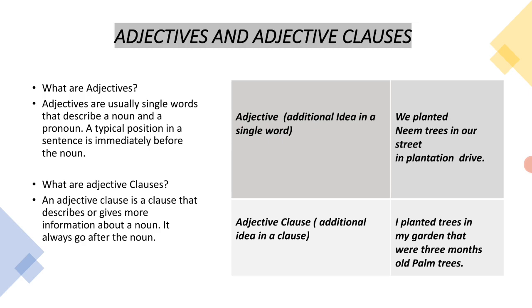Here, the adjective neem is before the noun trees. But as you can see in the second sentence, I planted trees in my garden that were 3 months old palm trees. Here, the whole clause is after the noun.